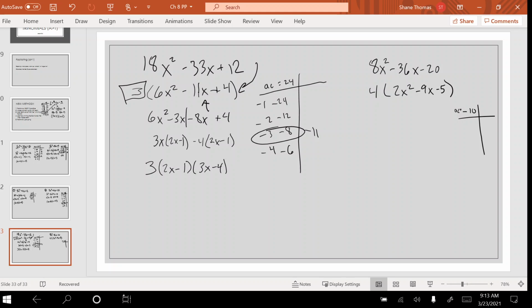So to break down a negative 10, we have 1 and 10, 2 and 5, but we have to count for both different ways of it being negative, right? So we're looking at that. All right, so this one's going to be positive 1, negative 10. Well, we got a winner right there, don't we? Okay, there's my winner. Boom.